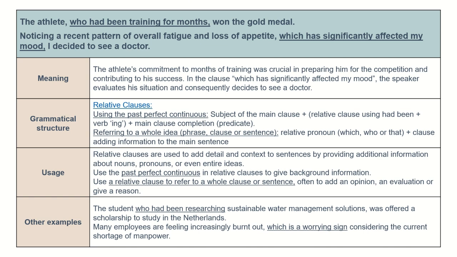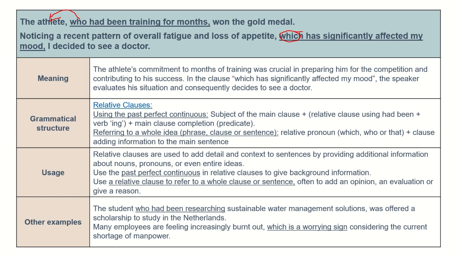Who refers to whom? Who refers to the athlete, the subject of the sentence. So I understand that I use "who" to talk about people or a person. Noticing a recent pattern of overall fatigue and loss of appetite, which has significantly affected my mood. Here, "which", does it refer to a specific noun or word?